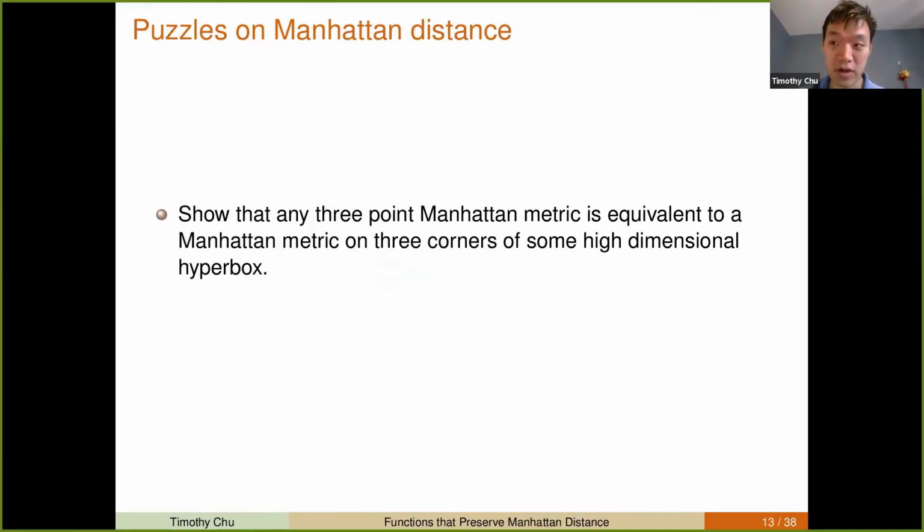Once again, if you figured it out for the 3-point case, try it for the n-point case. Okay, about 30 more seconds.